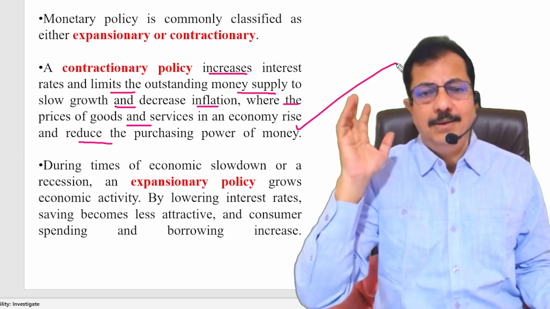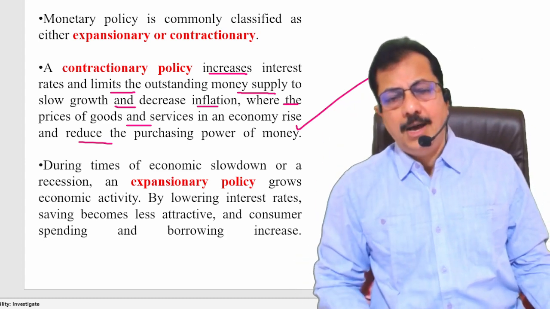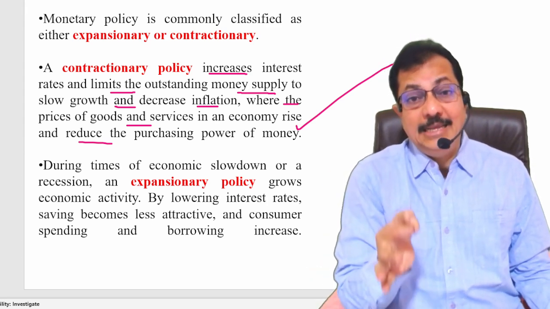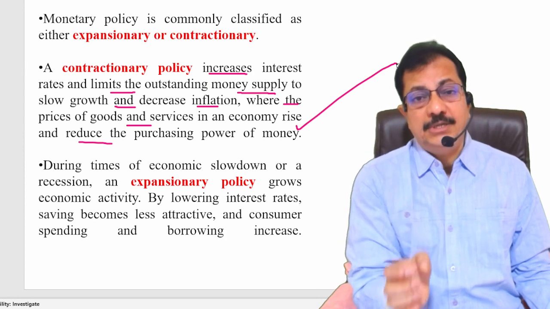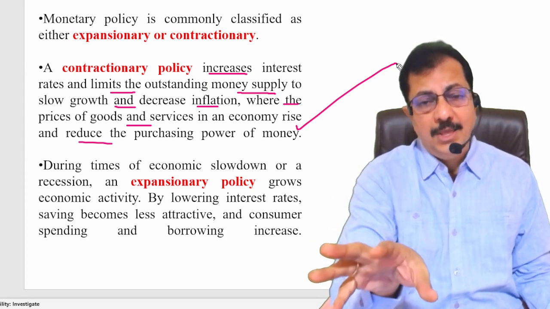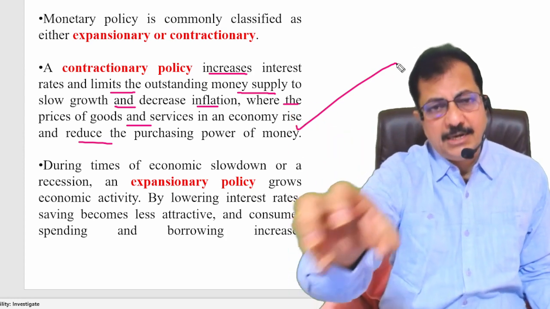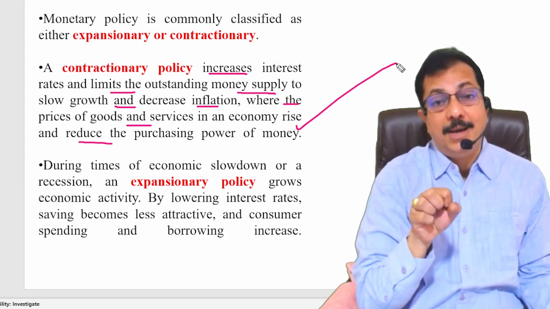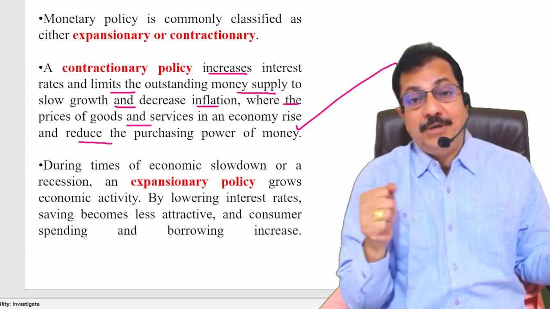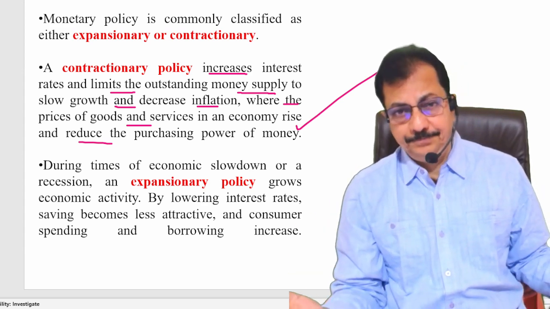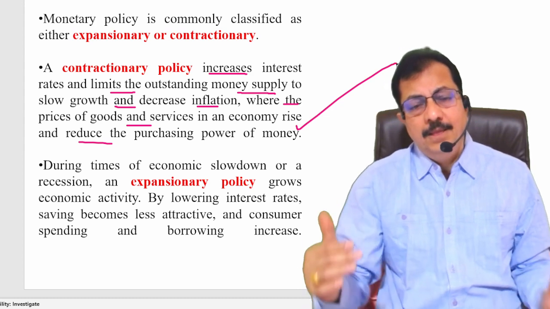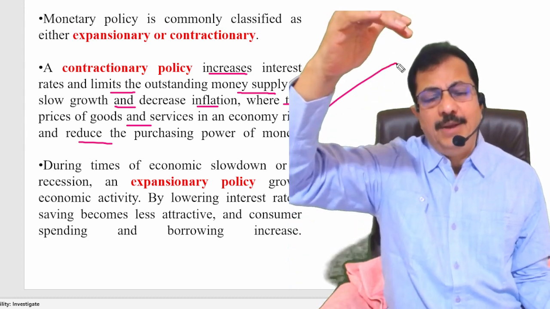RBI will apply its contractionary policy, meaning it will increase the interest rates so that the supply of money will be reduced and the money that is present in the market will be withdrawn. When money is withdrawn from the market, what will happen? The purchasing power will come down. Am I clear? So when the purchasing power comes down, if there is inflation, what will happen?